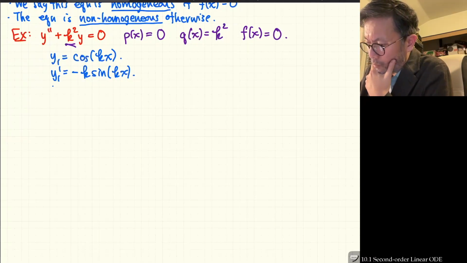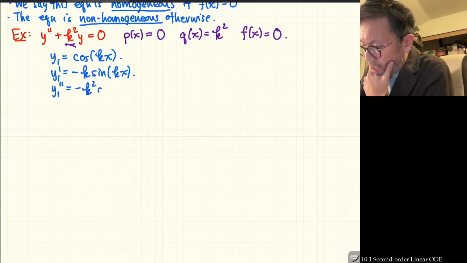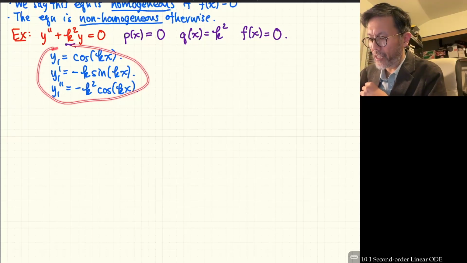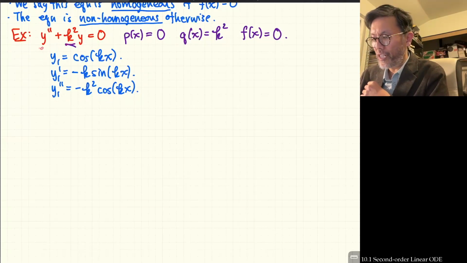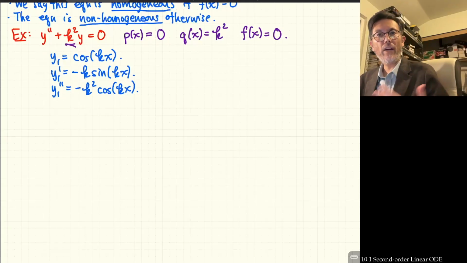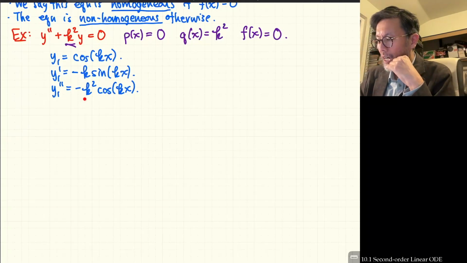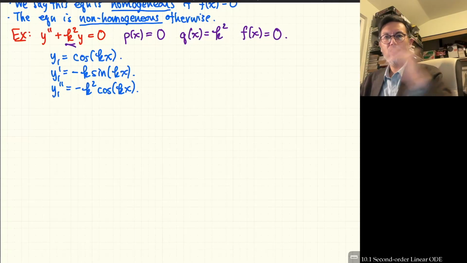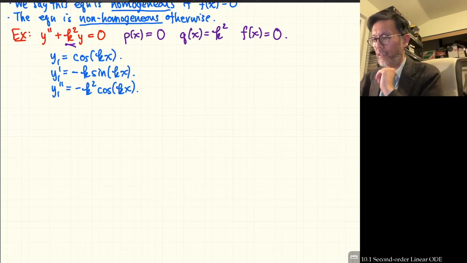And clearly, y1 double prime is negative k squared cosine kx. With this data, you can plug this information into your differential equation, and you're going to find that it checks out. y double prime is negative k squared cosine kx, and k squared y is k squared cosine kx. They kill each other, and you get 0. Great.